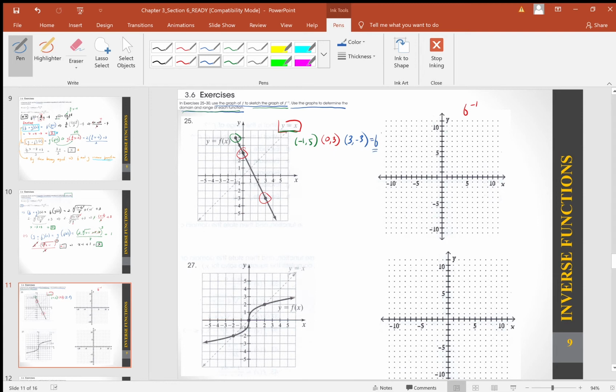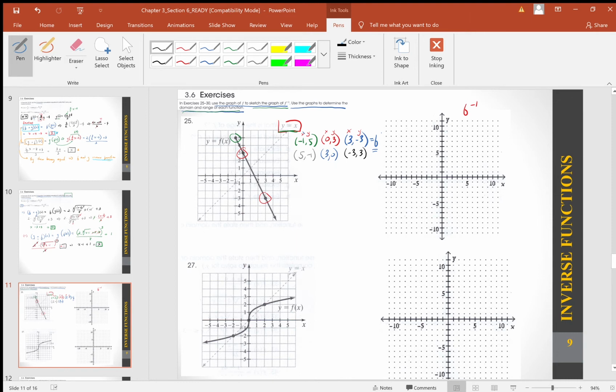Now for your inverse function, you just swap. This is our x coordinate, and this is our y coordinate. Now you want to swap them. So for this one, now it's going to be 5, -1. Okay, and now you have 3, 0, and now you have -3, 3.